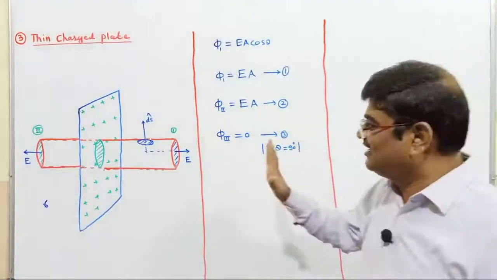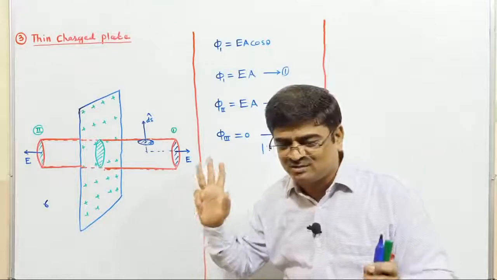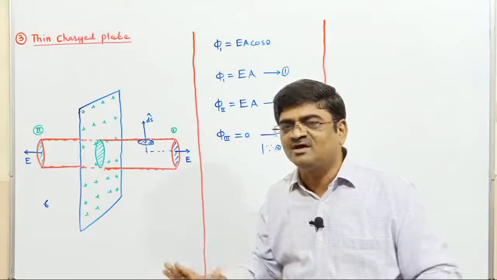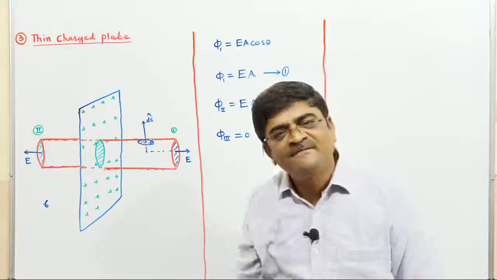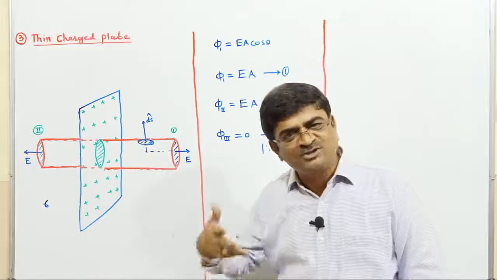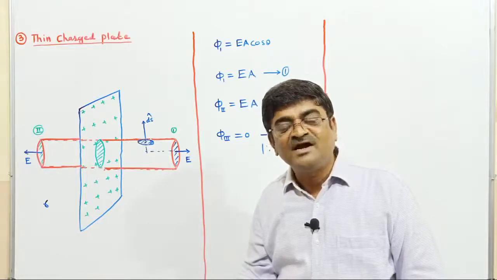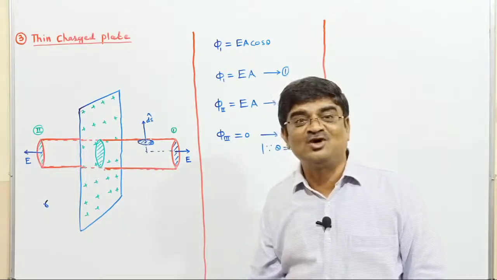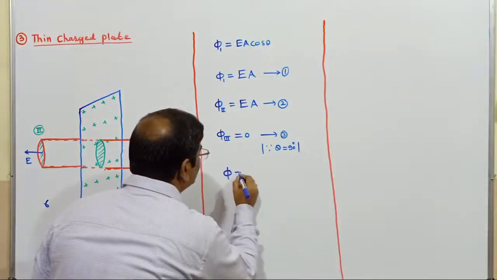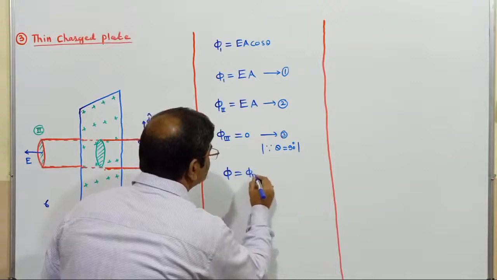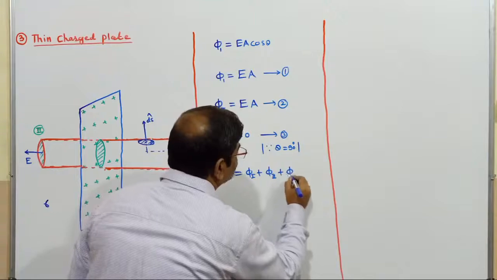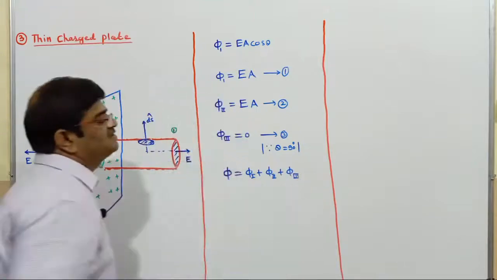So, while dealing with the cylindrical Gaussian, as I have told you in the beginning itself, generally I divide a cylindrical Gaussian into 3 parts, 2 circular sections and 1 curved one. I get the flux through each of them and I calculate the net flux through the Gaussian. Net flux through the cylindrical Gaussian equals the flux contributed by the first portion, plus the second portion, plus the third portion.